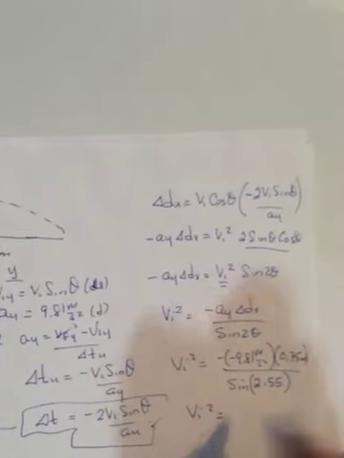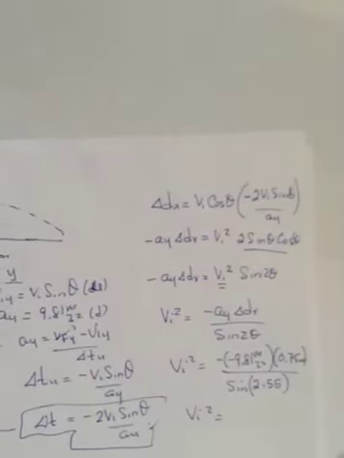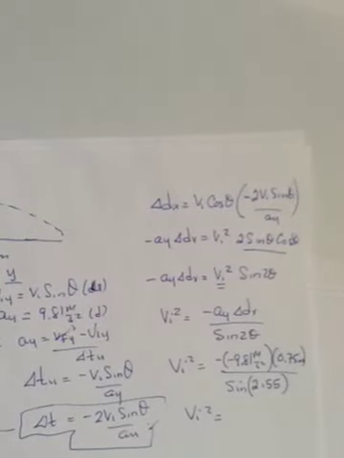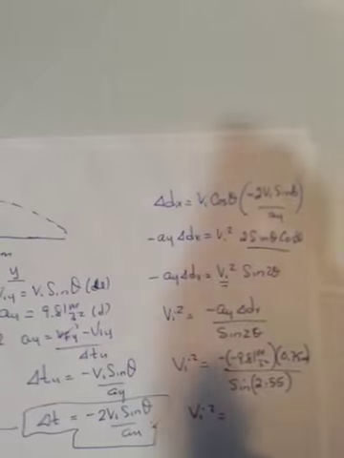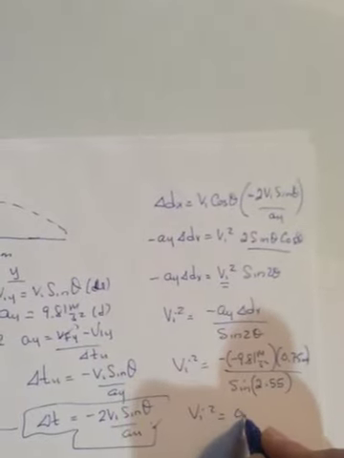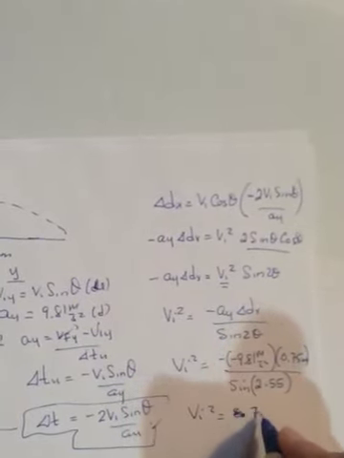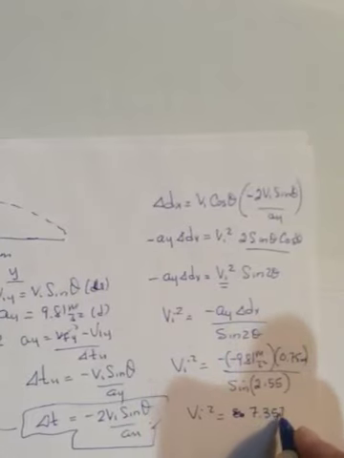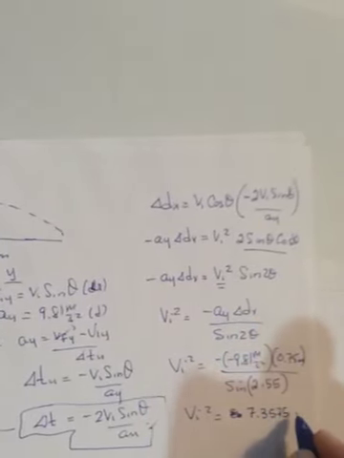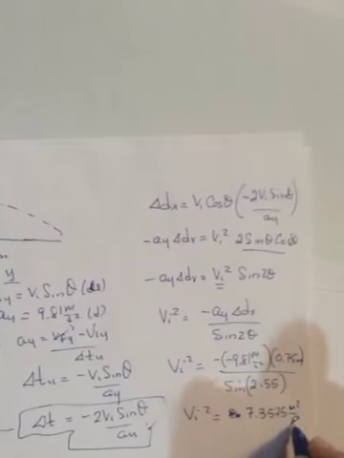VI squared equals, so negative will be positive, 9.81 times 0.75. So on the top you get, not 0, sorry, 7.3575. And that will be meters squared per second squared.